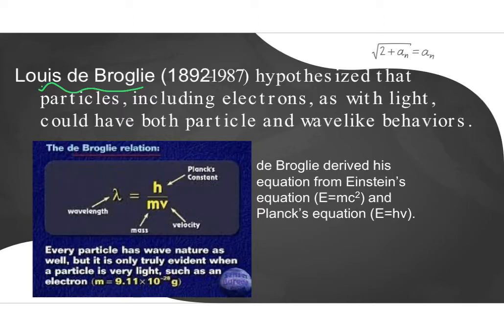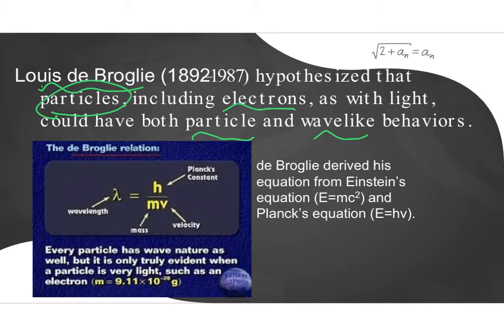And depending on the model that you chose, you could learn different things about light. And so we call that the dual nature of light. Louis de Broglie hypothesized that particles containing mass, including the electron, could also have a dual nature. In other words, also sometimes behave as a particle, sometimes behave as a wave.